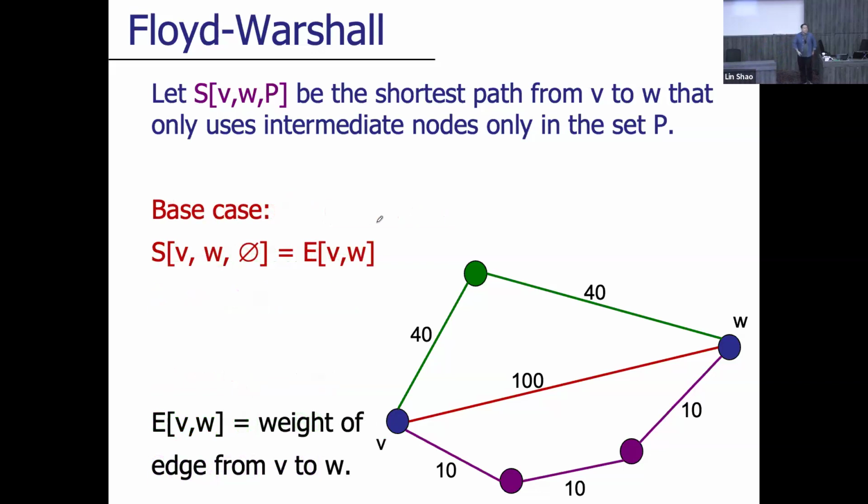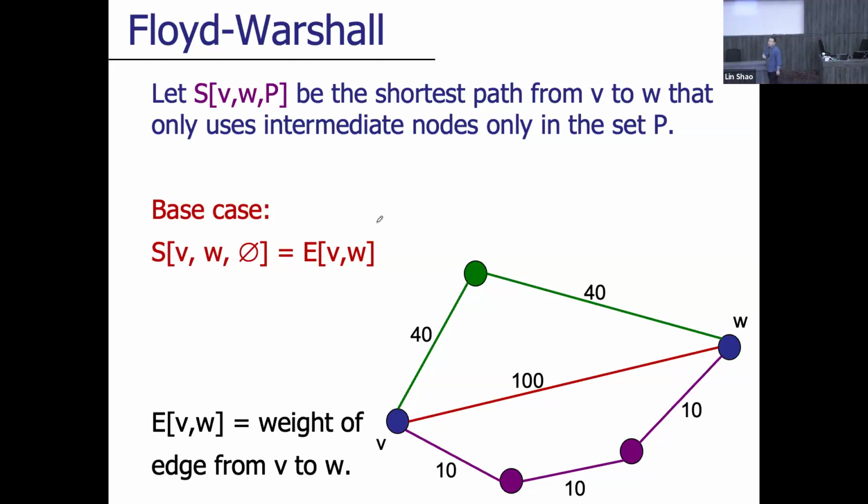After we identify this as a sub-problem, we can already start with the simplest cases. The good news is that this is called the Floyd-Warshall algorithm. The good part about the algorithm is that we have relatively simple smallest sub-problems, or base cases.